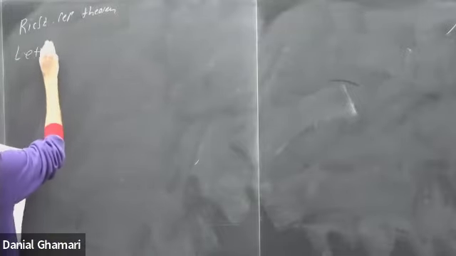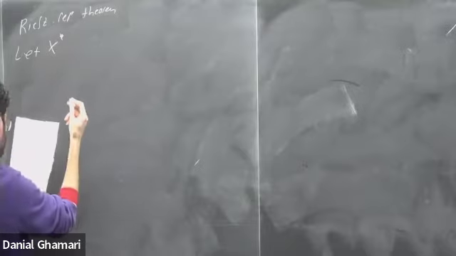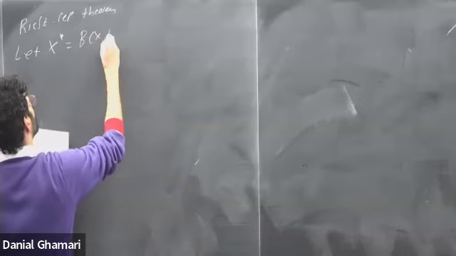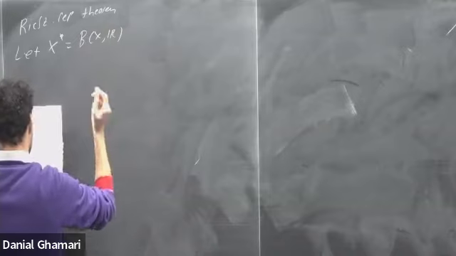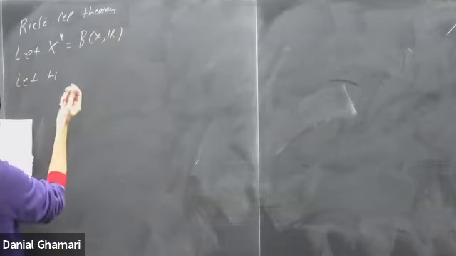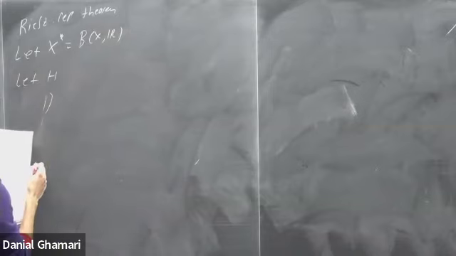So let X star be the dual space I introduced a little bit ago, which is equal to the bounded linear operators from X to the reals. Let H be your Hilbert space. Then we have these properties.